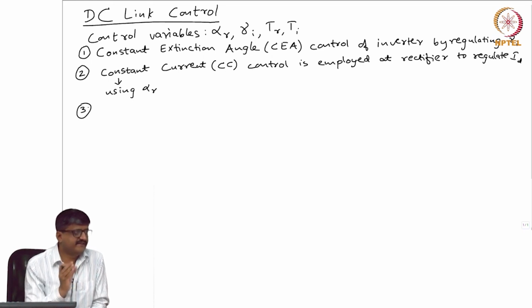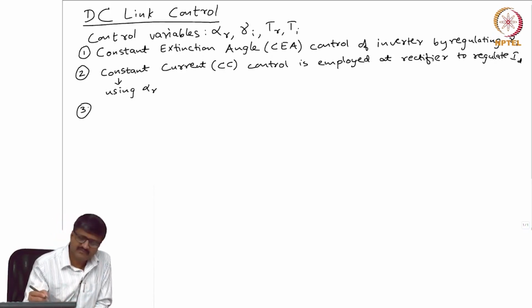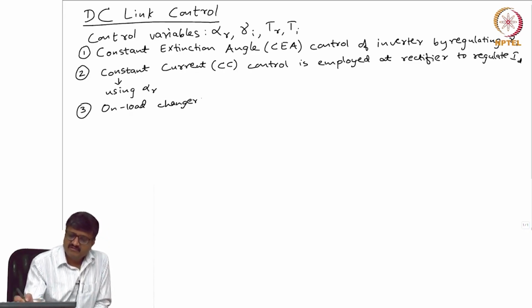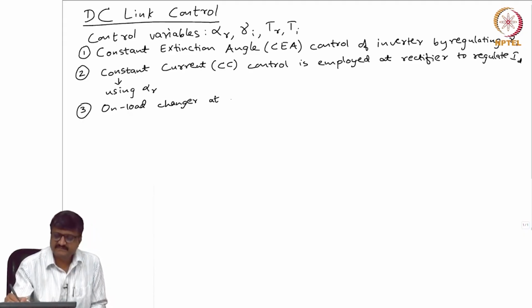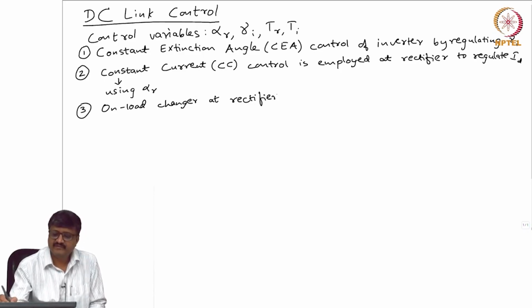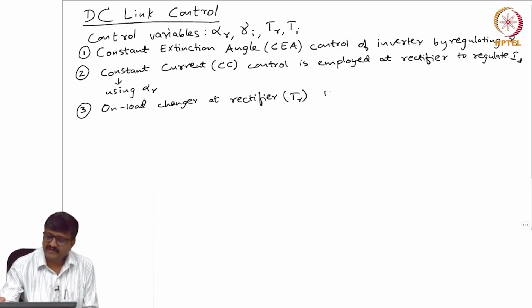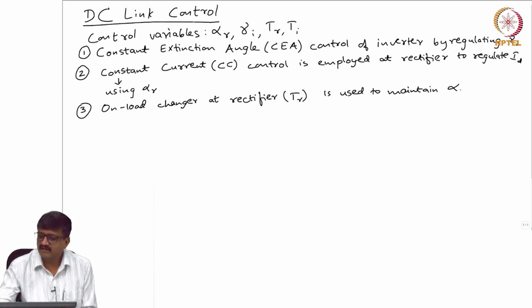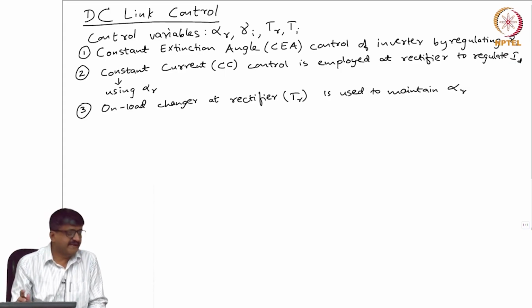In practice it is close to 1, greater than 1 or less than 1. So, the on-load tap changer at the rectifier, TR, is used to maintain alpha R within certain limits.